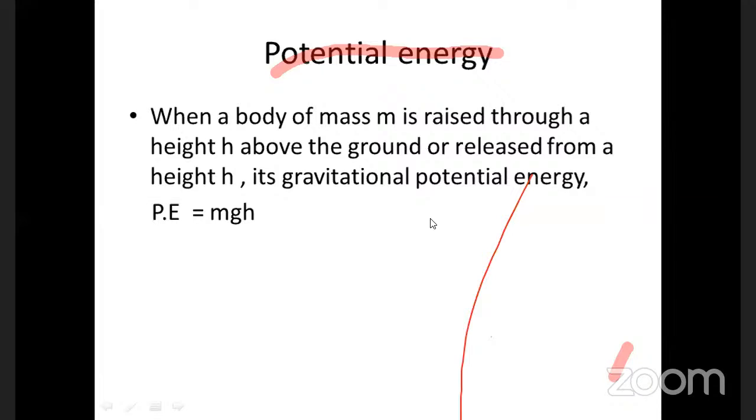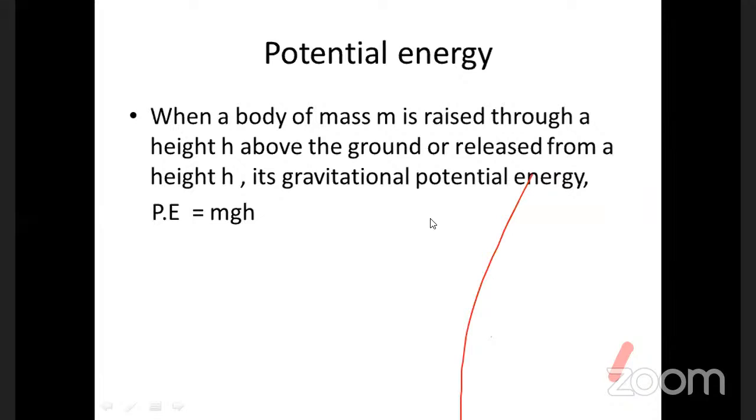That height has to be noted, and the height is from the ground. You usually know that the mass of the body remains constant. You can measure the mass of the body with instruments.